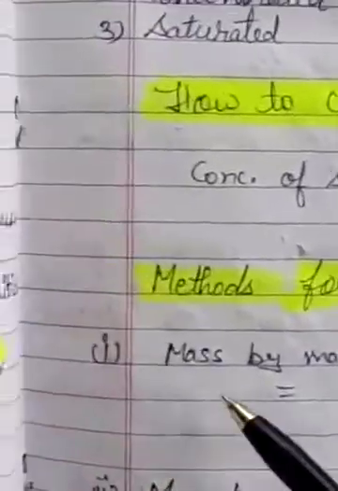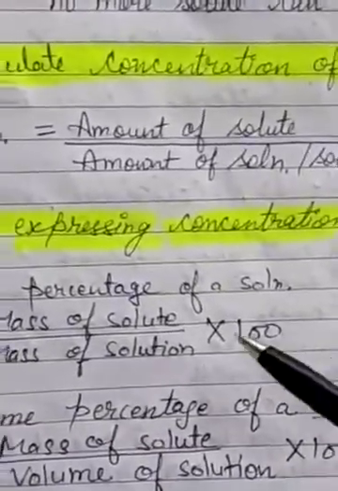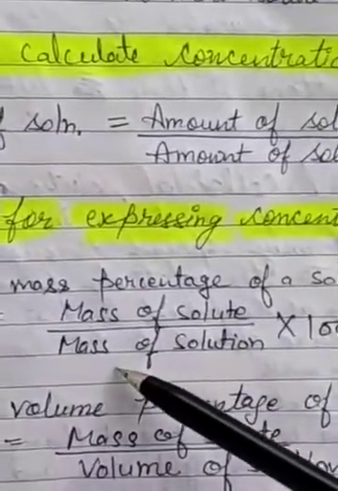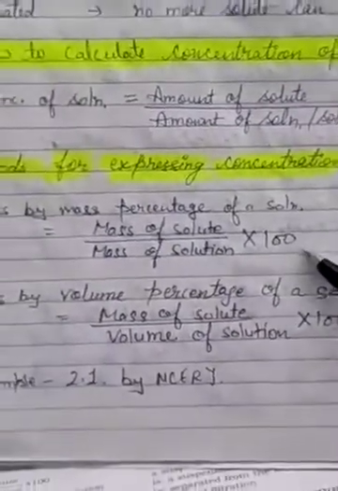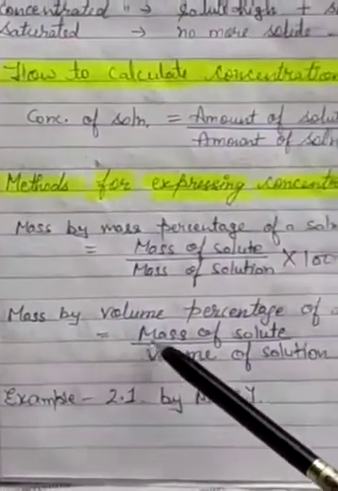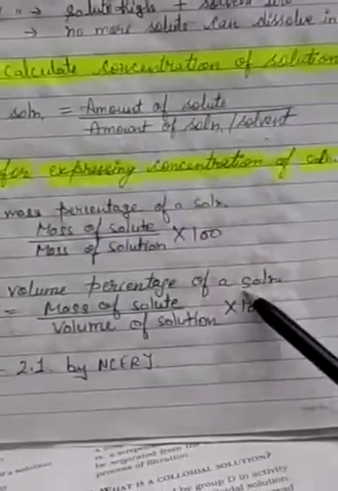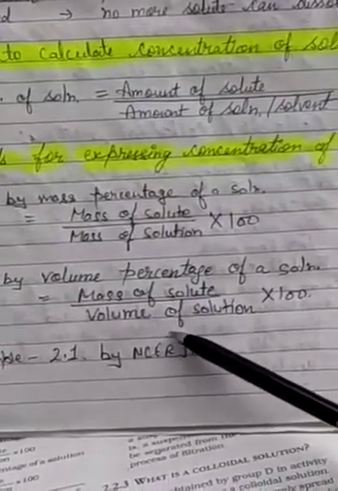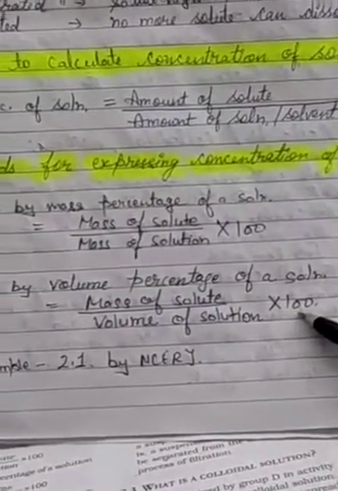So when they ask mass by mass percentage of a solution, you put this formula: mass of solute upon mass of solution into 100. And when mass by volume percentage of a solution, then you put the formula: mass of solute upon volume of solution into 100. Clear?